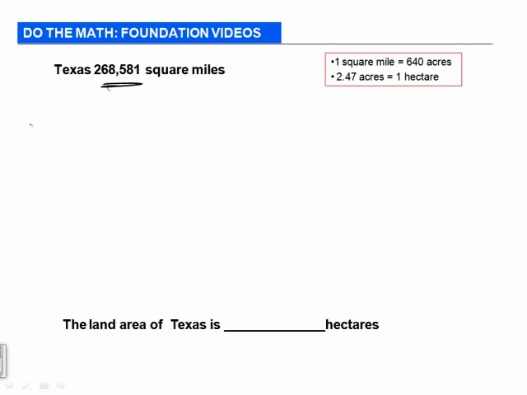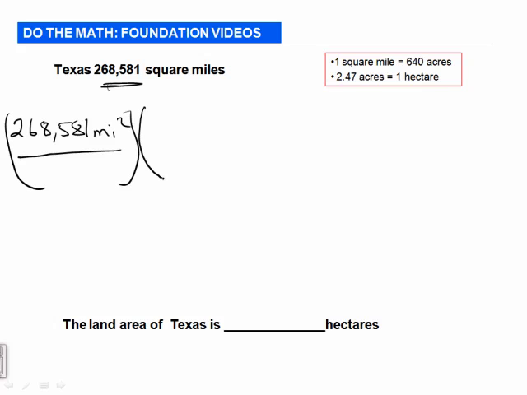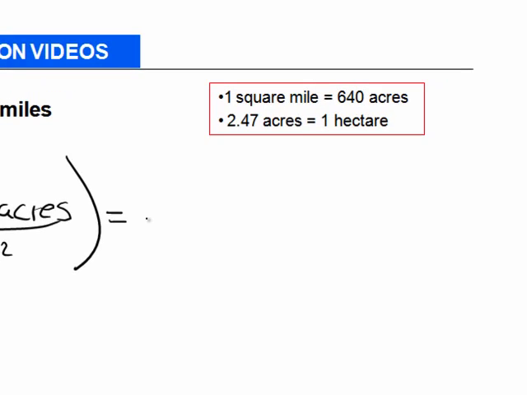Texas has a lot bigger number of square miles. Let's see how that is. 268,581 miles squared. And I've got 1 mile squared is equal to 640 acres, right? Multiply those two numbers together, and I get a really big number, 171,904,000 acres.